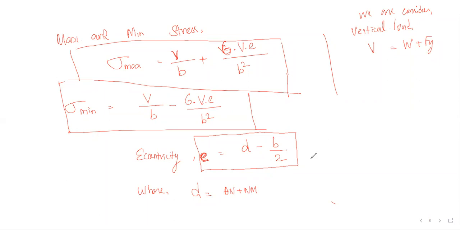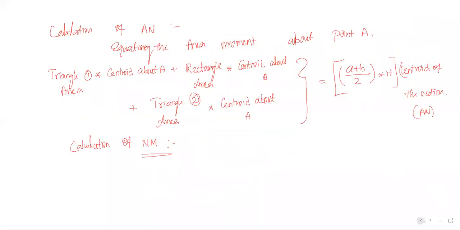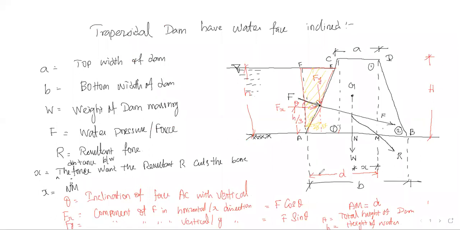NM we can directly calculate, that is X. Now we can calculate the X value directly. But we have to find another formula, that is AM, which is the distance D. So AM minus AN will give the value of NM.